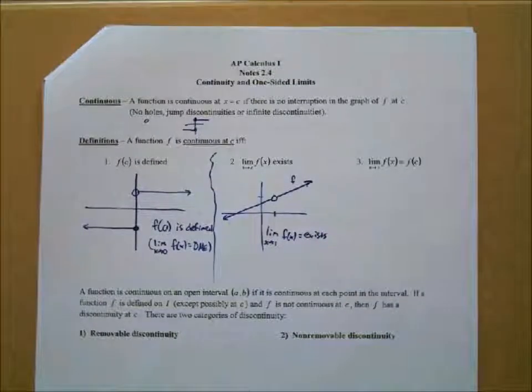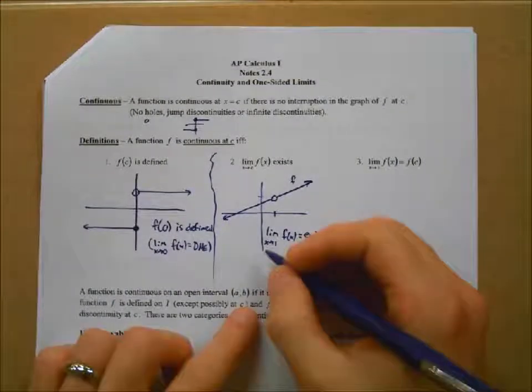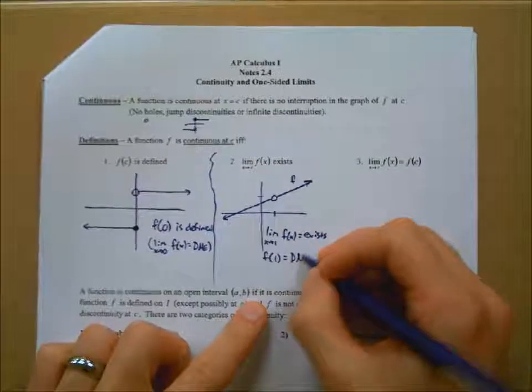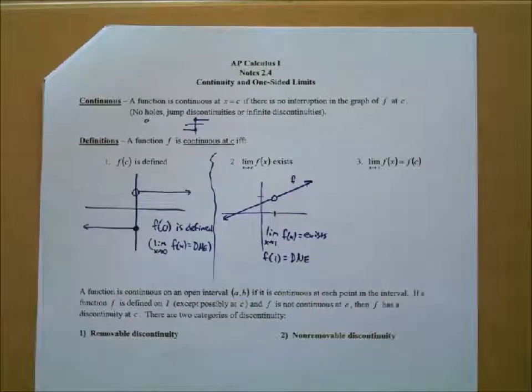We would actually say it's 1, right? But f of 1 does not exist. It's just a hole there. So again, just having number 2, just having the limit exist, is not enough to say continuous, as evidenced there. So just saying the function is defined is not enough to say continuous. Just saying that the limit exists at that value is not enough.